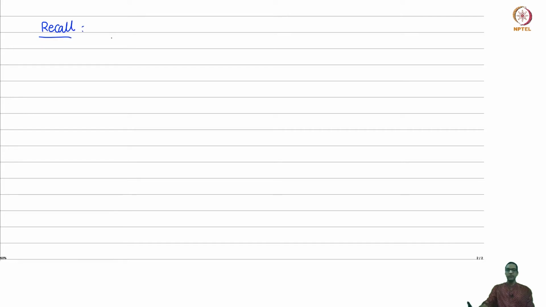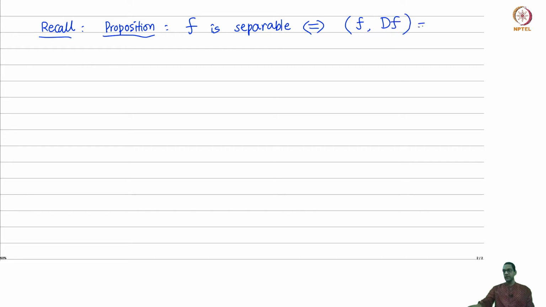So recall the derivative criterion. We recall the earlier proposition, which says that f has no repeated roots, which in our new terminology, f is separable, if and only if the GCD of the polynomial f and its derivative df is just 1.